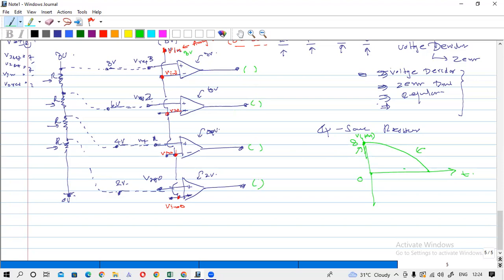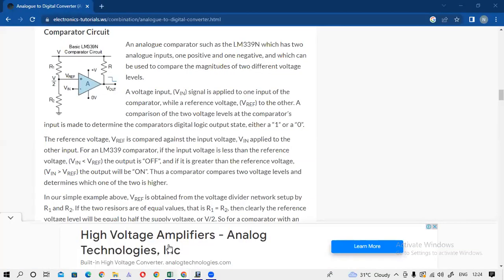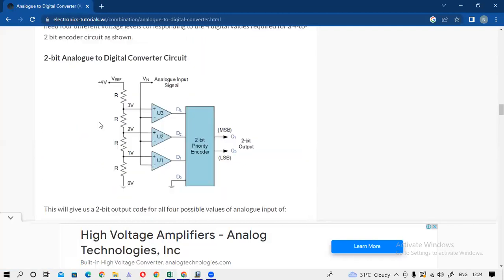Let's say this is D0. I write it as D1. I will use the same notation, but you can use any notation. Here it is D1, D2, D3. Here you are using only 3 comparators.